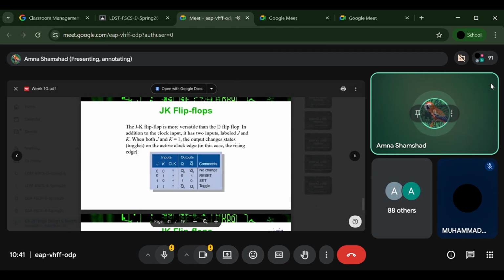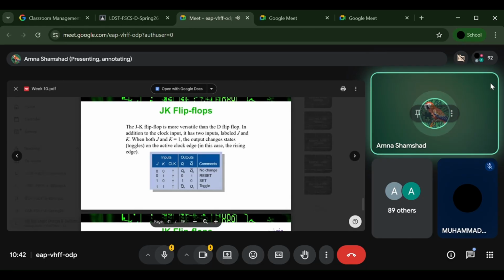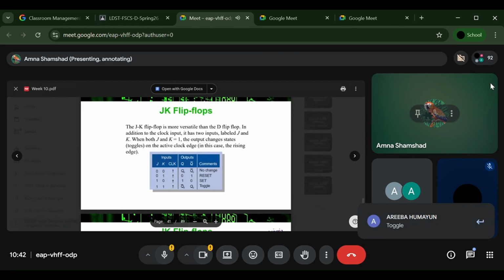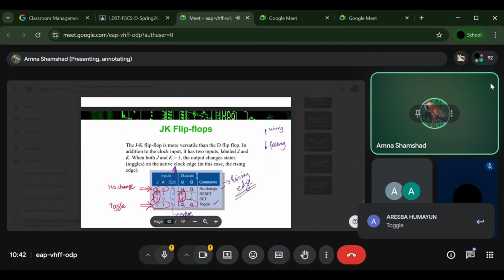Set is for J and reset is for K. So this will become reset. 1 0 means J, I want to set, I am applying my set signal, so this will become set. And 1 1 means for the JK flip flop, this will toggle.